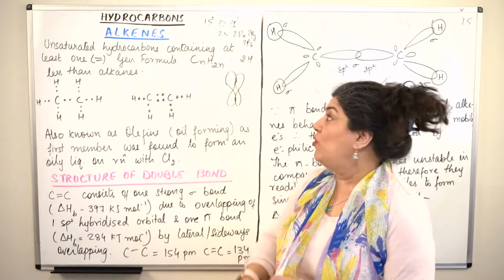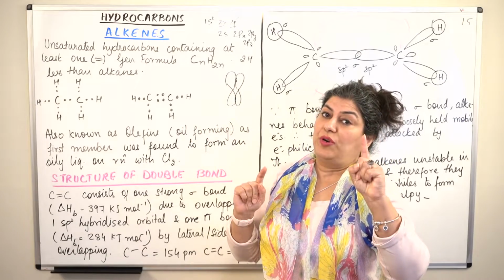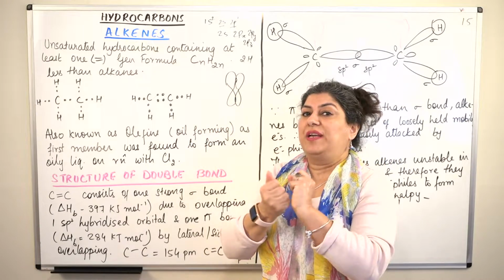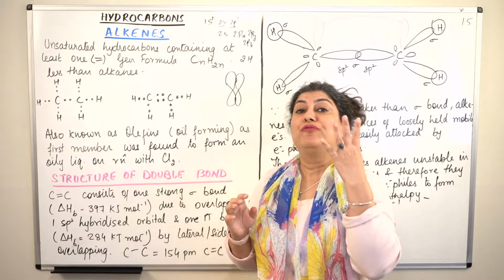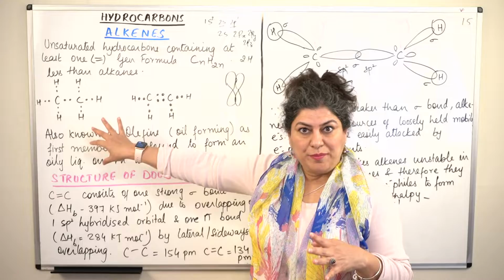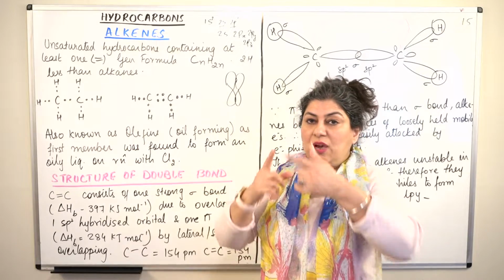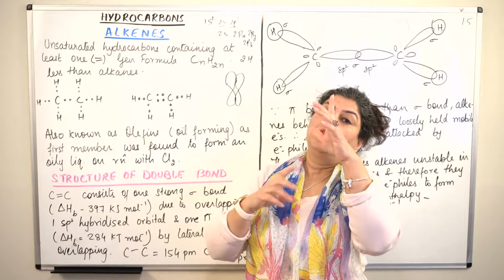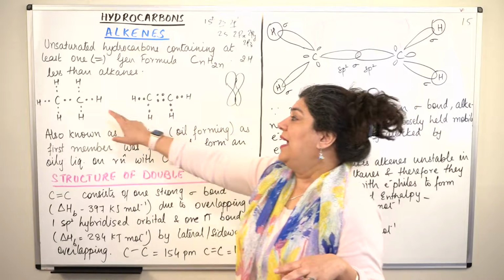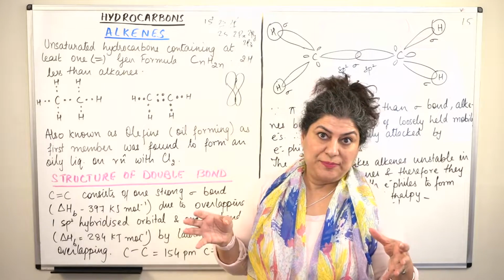Now all four orbitals have one electron each, and they redistribute their energies and result in the formation of four equal orbitals, which are known as the sp3 hybridized orbitals. Now these sp3 hybridized orbitals orient themselves along the four corners of a tetrahedron, and that is how you get the structure of alkanes.